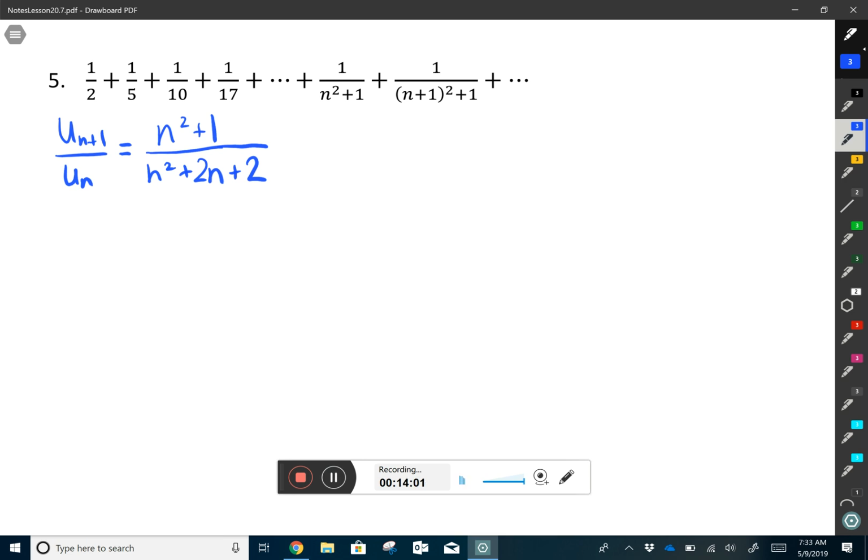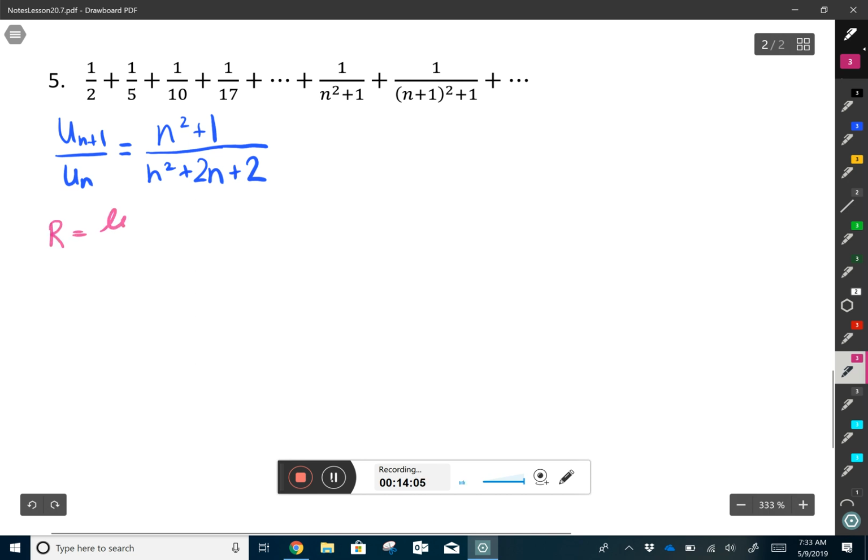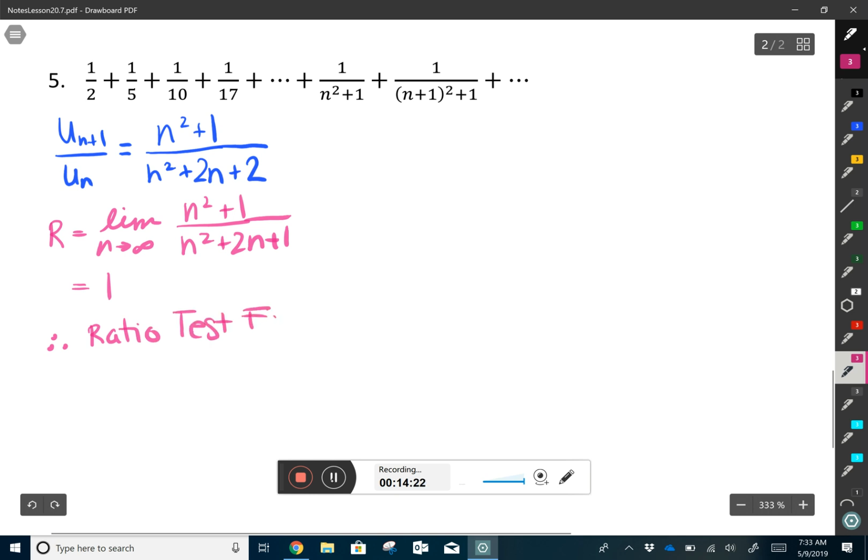And then when you found the limit of that, r is the limit as n goes to infinity of that, you ended up with that limit equal to 1. Therefore, the ratio test fails. So then what we're going to do is find another way to prove the convergence or divergence of this one. So we're going to extend this one a little bit further.